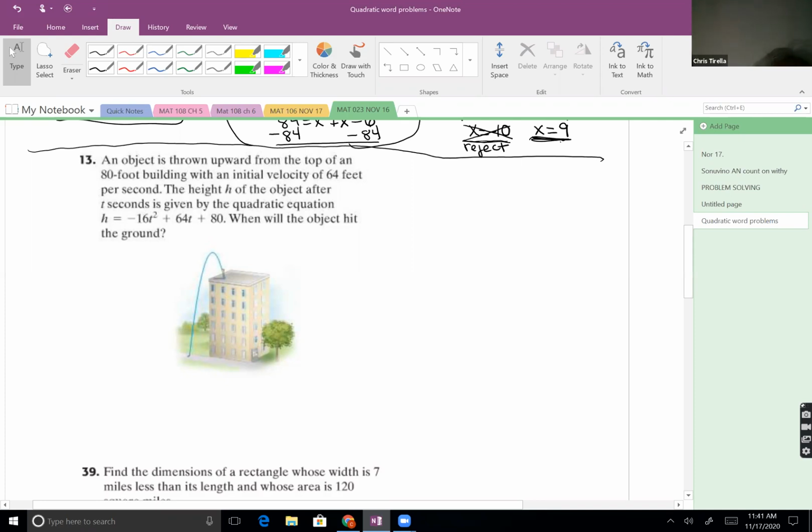So a couple of things we need to know here. We need to know that h is the height of the object. Now, we're wondering when we hit the ground.